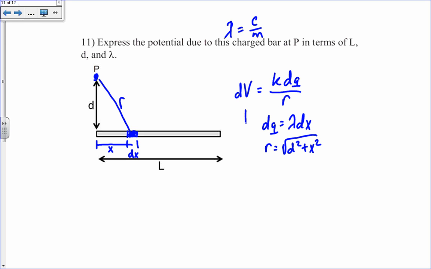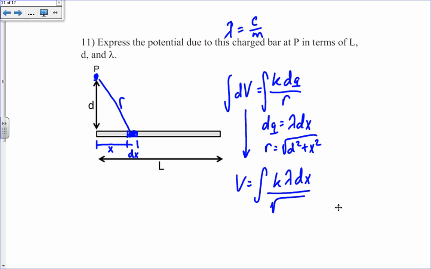Make those substitutions and integrate. I'll go ahead and put integrals here. V is equal to the integral of k lambda dx over the square root of d squared plus x squared. All right.